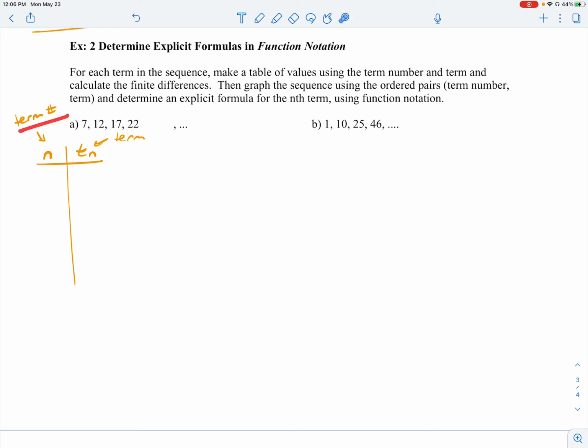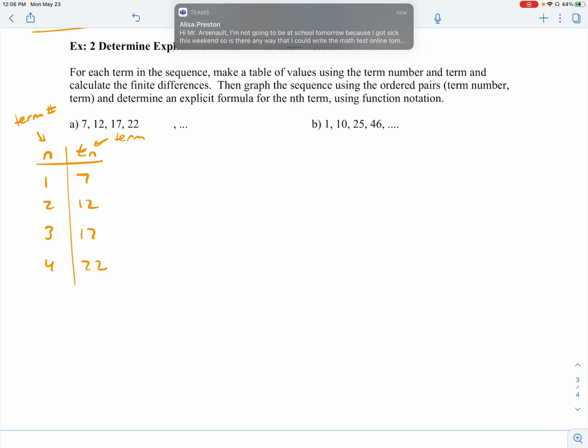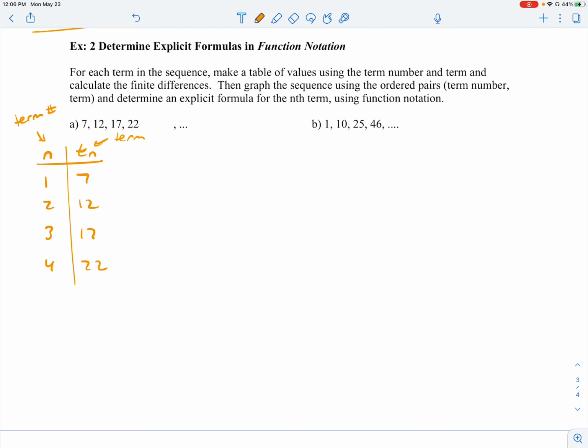So this is the term number, and then this column is the value of the term. So my first term is a 7. We're going to write 7. Second term is 12. Third term is 17. Fourth term is 22. So you notice it's a lot like x and y, right? This could be like our x values. That could be like our y values.